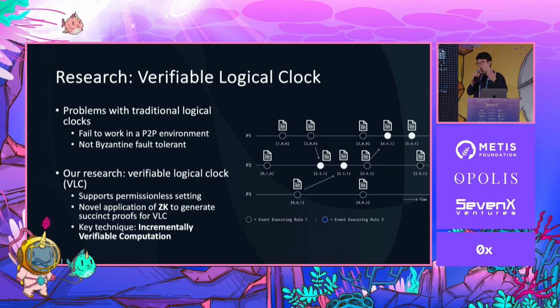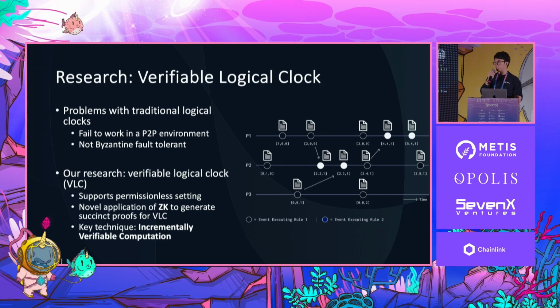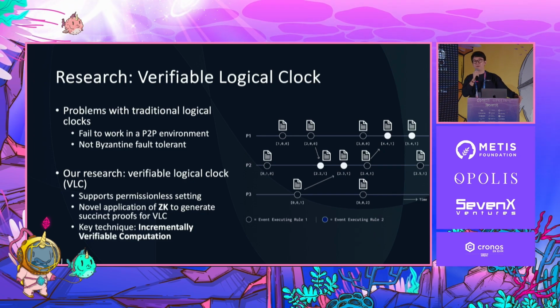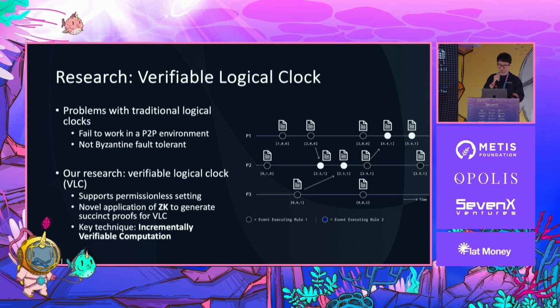I'm not going to have the time to give you all the technical background, but the high-level gist is that we leverage a novel application of zero-knowledge proofs. This is a very recent development in the space. This new technique is called incrementally verifiable computation, or IVC. It allows multiple parties in the system, by passing these messages, to build a trusted logical clock with verifiable proofs.